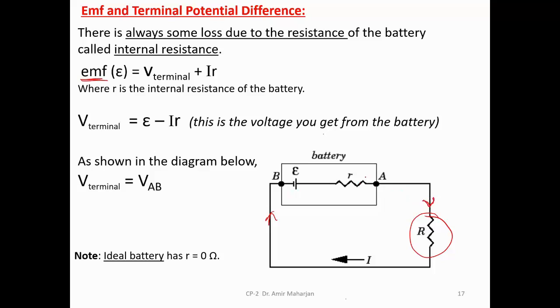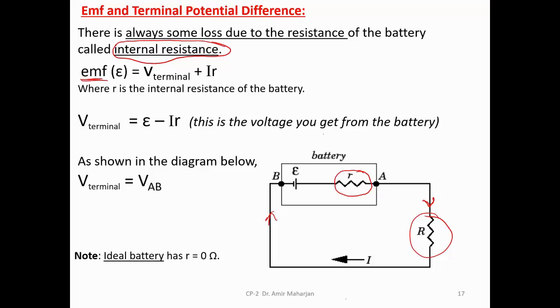This is because of a kind of hidden internal resistance inside the battery, which you can't see, called internal resistance. And because of that, the voltage across the battery doesn't remain constant. If you try to draw huge current, the terminal potential difference, the voltage across the battery, decreases.